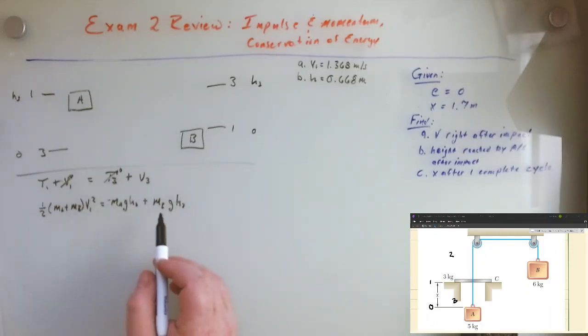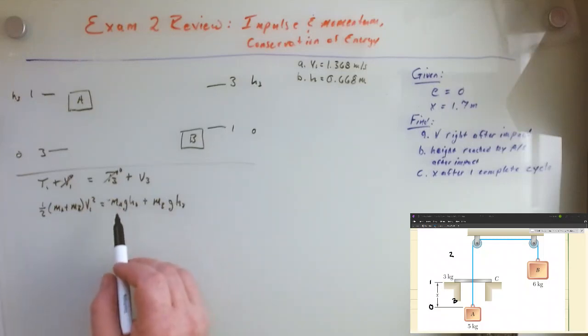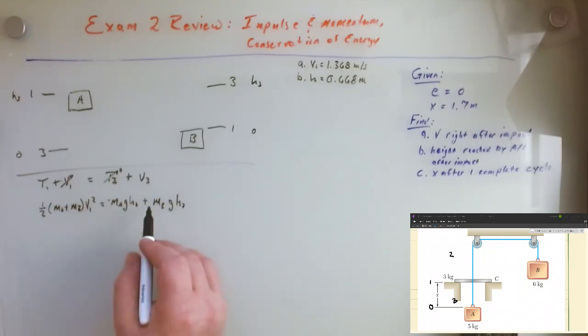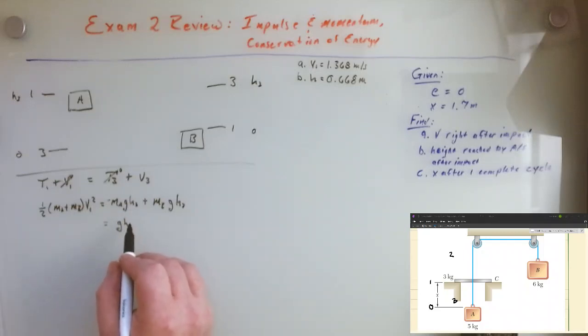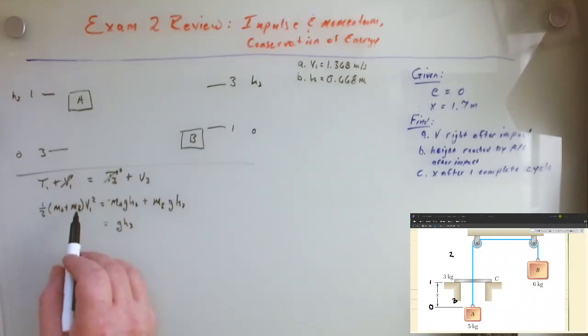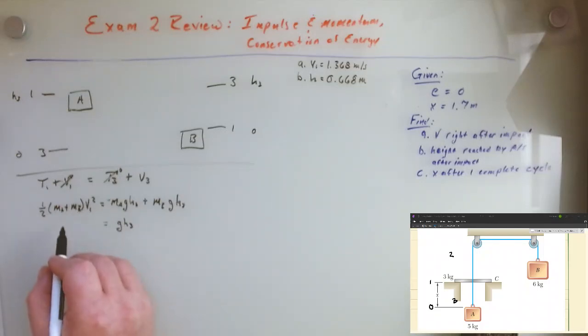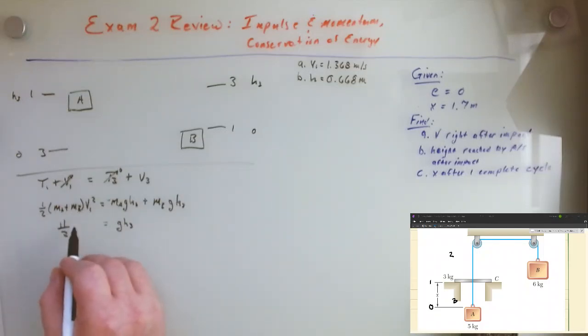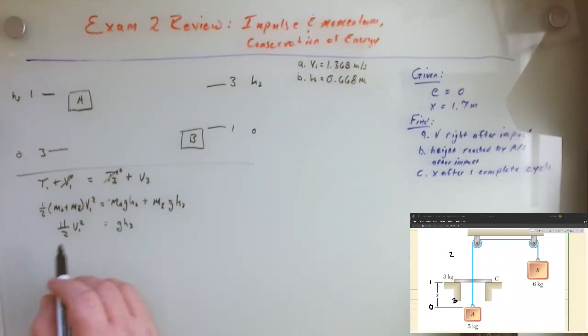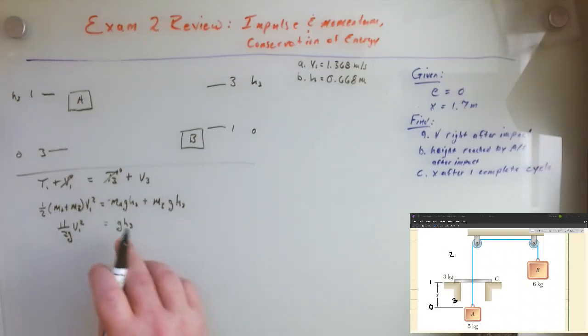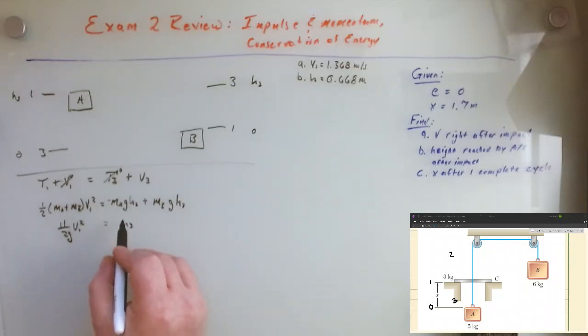Okay, and the difference on this side is the masses, right? So 6 minus 5, so that is GH3 on this side. GH3 here, this is 11, so 11 halves. V1 squared, we're looking for H, so we just divide by G, so put a G there.